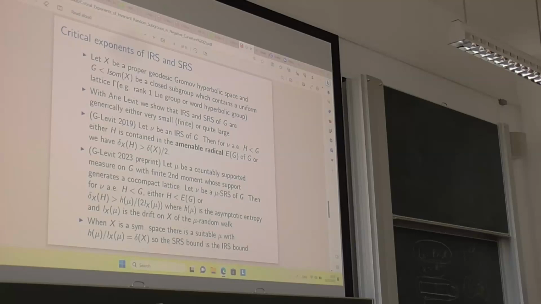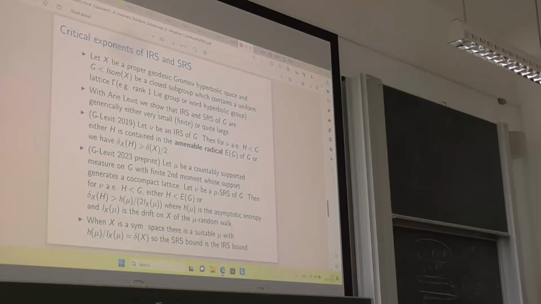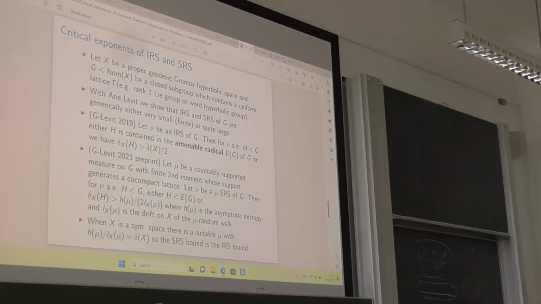But when your space is a symmetric space, then you can create a certain discretization of Brownian motion so that this is equal to delta. So for this particular random walk, the bound that we get for SRS is the same as for IRS. And this is important in our theory.